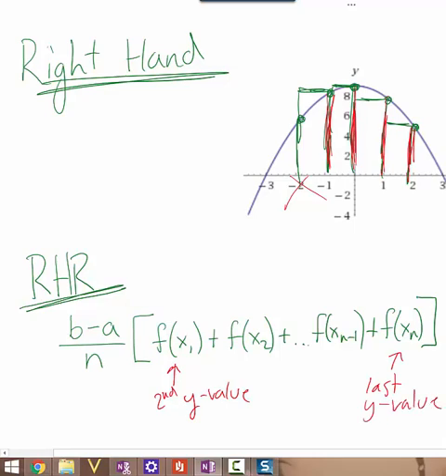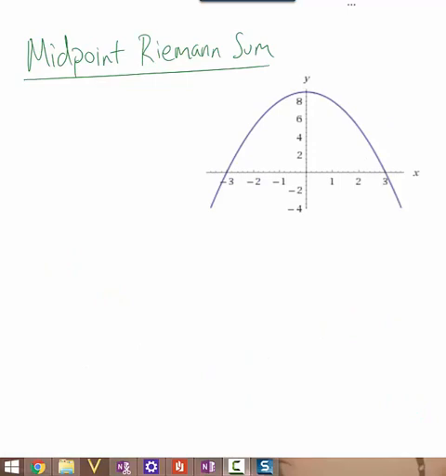And finally we have the third one, which is the midpoint Riemann sum. And on this one, you go in the middle of negative 2 and 1, and you go to the left and to the right. Then you go in the middle of negative 1 and 0, you go to the left, to the right, middle of 0 and 1, left, right, and then the middle of 1 and 2, and you go left and right.